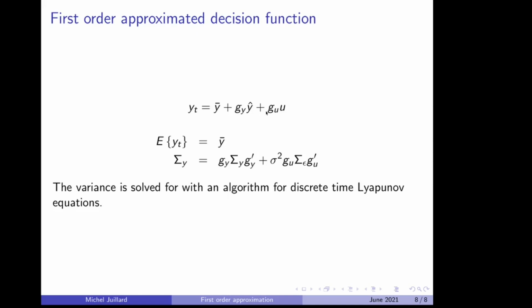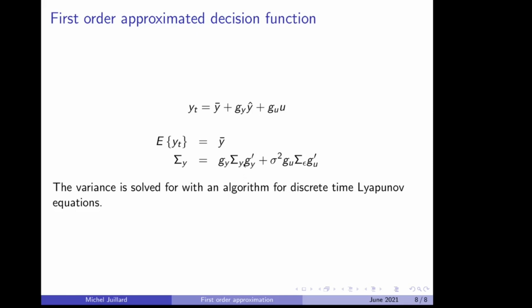But from this expression, it's very easy to find that the unconditional expectation of the endogenous variable is simply the steady state, and the variance of those expressions is a linear equation, but a bit complicated because the unknown big sigma y is here in sandwich between two matrices.